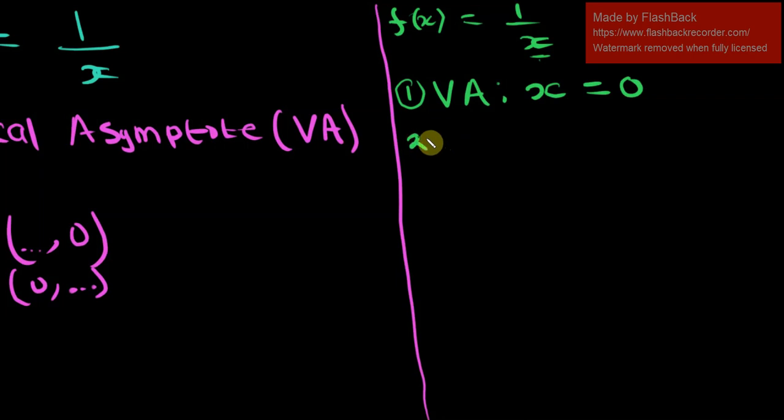Okay, what about the horizontal asymptote? For the horizontal asymptote, we need to look at our function, at the degree of our numerator and the degree of our denominator. Looking at our case, we see that the degree of our denominator is greater than that of the numerator.